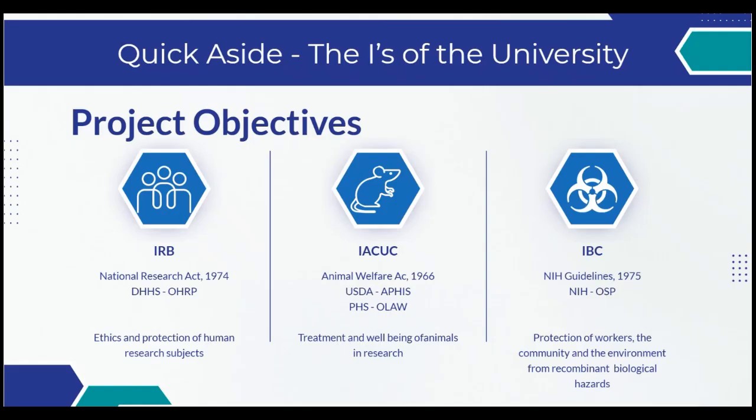While the IBC is concerned with protecting researchers, the community, and the environment when work involves genetically modified biohazards, guided by the NIH guidelines. Each committee operates under different federal mandates, and procedures allowed in one may not be permitted in another. For example, expedited review, which is allowed under IRB rules for minimal risk research, is not permitted under NIH guidelines for the IBC.